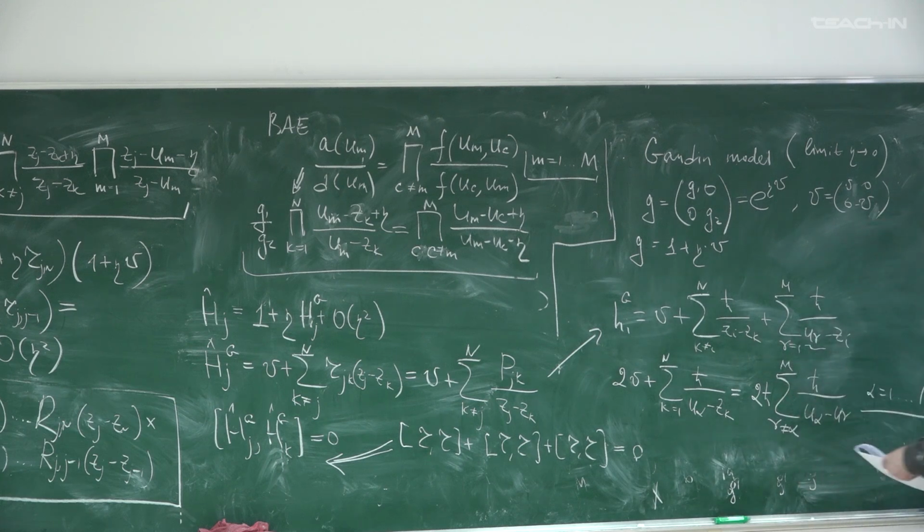So we're assuming that we're in the same situation as in the spin chain, so we have M turned spins.